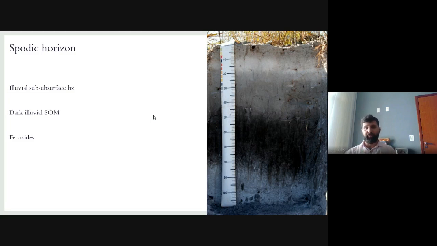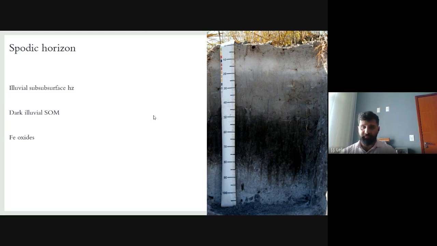But the spodic horizon expresses the migration of organic matter and iron oxides and aluminum oxides. So the spodic horizon is not a migration of clay minerals like kaolinite or halloysite or other aluminum silicates or minerals with silica. In this case, we have the migration of organic matter and or iron and aluminum.